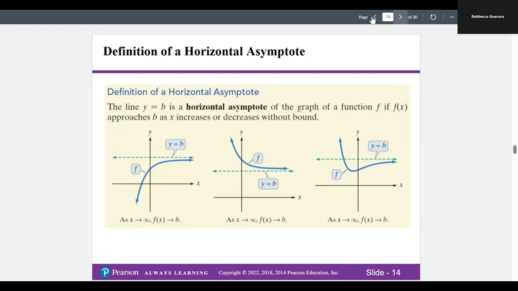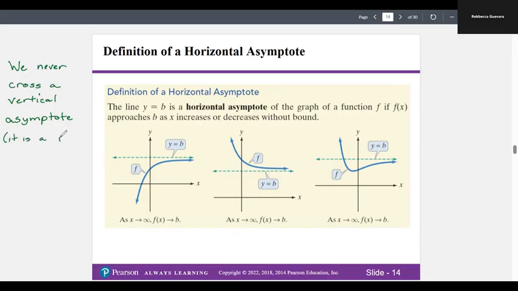Next, we're going to have our horizontal asymptotes. So horizontal asymptotes are going to be a little different. When you have vertical asymptotes, we never cross a vertical asymptote.